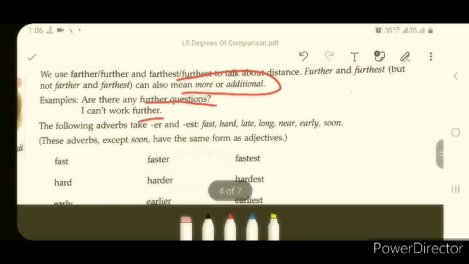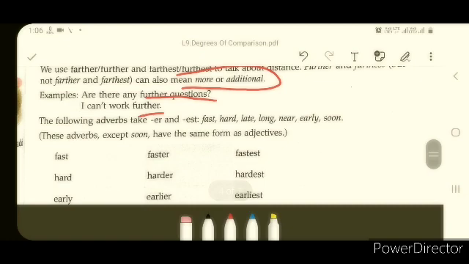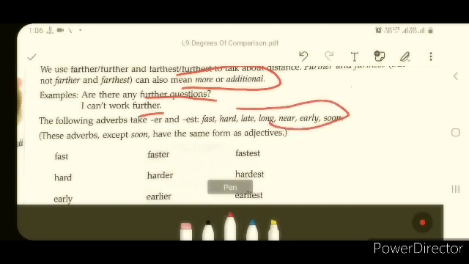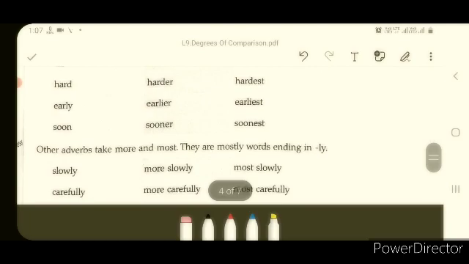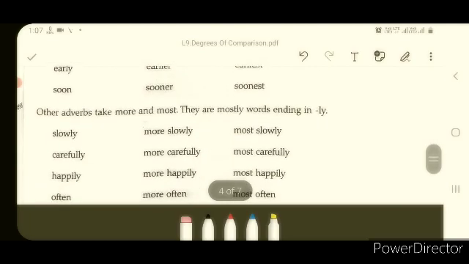The following adverbs take er and est: fast, hard, late, long, near, early, soon. Get a dose of these words as well. See, fast, faster, fastest, soon, sooner, soonest, and so on. Other adverbs take more and most. They are mostly words ending in ly.